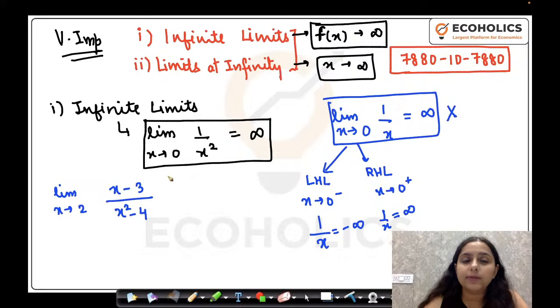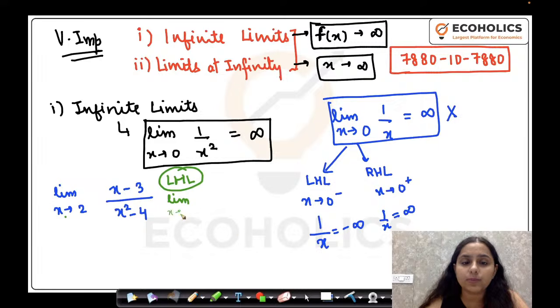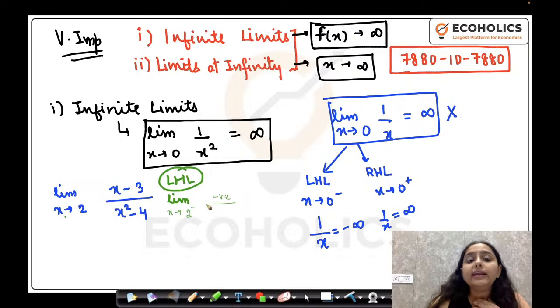अब इसमें left hand side limit को if I solve over here, it will be limit. Okay, I will take a little thinner pen. Limit x approaches to 2 minus, so x minus 3. Okay, now tell me. If you have a number little less than 2, तो x minus 3 तो negative आएगा. Negative number it will be. And x square minus 4.